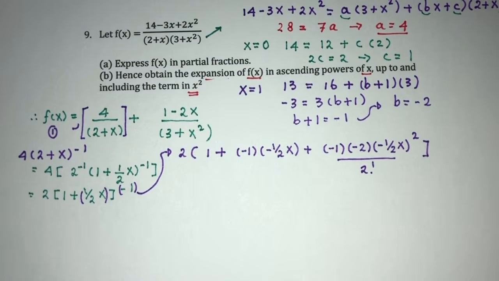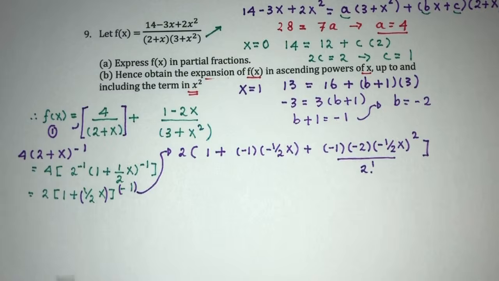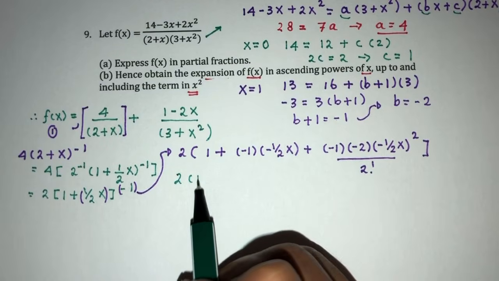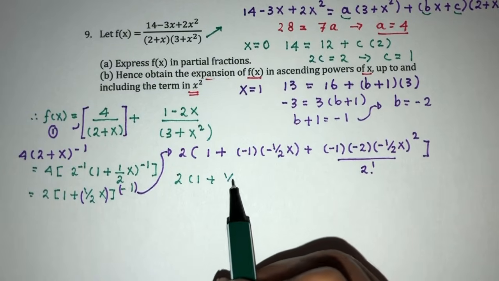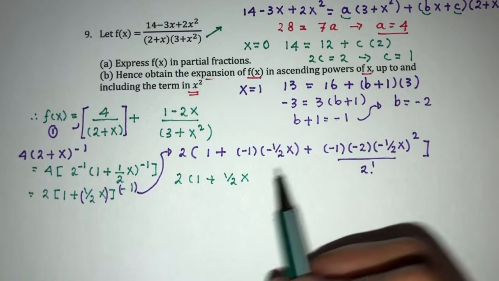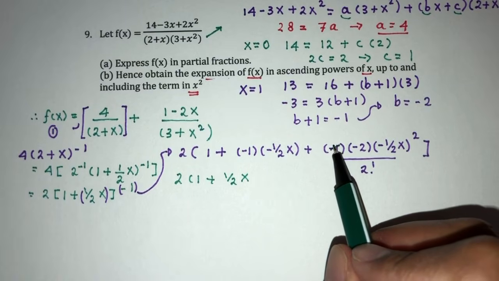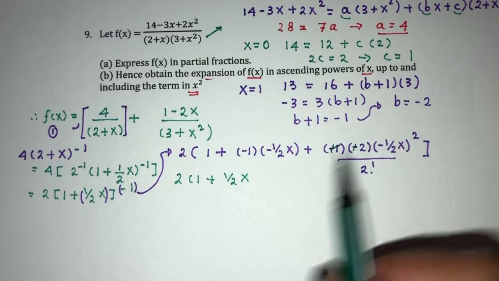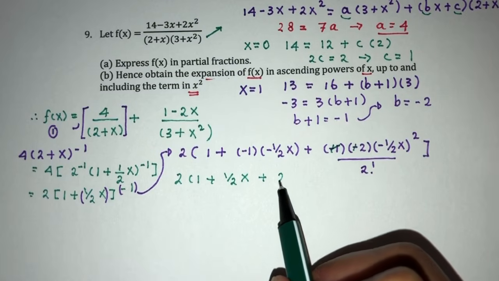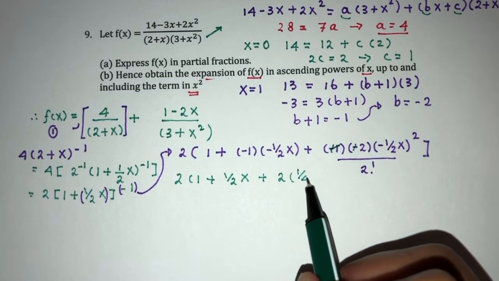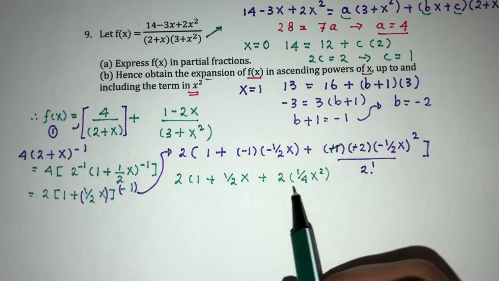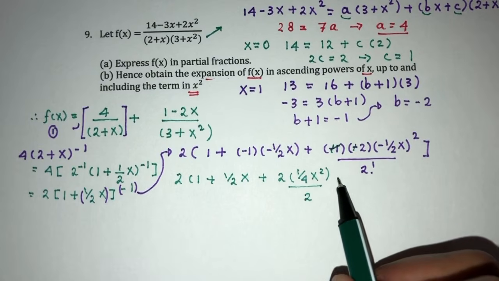We just need the value up to and including the term in the x squared. That will be 2, that will be 1, that will be plus half x, and that will give you what? So the minus sign will cancel out, that will be 2. So you have plus 2 times 1 over 4 x squared over the value of 2. Right?